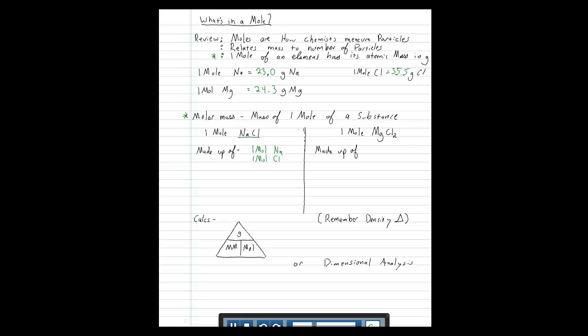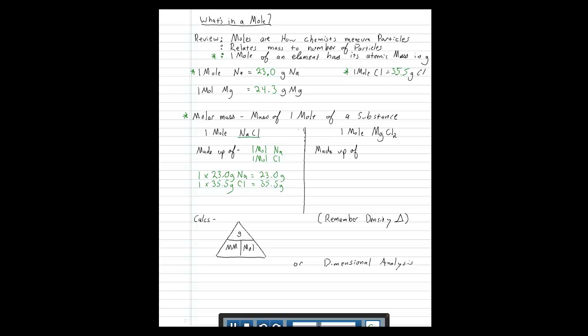We know 1 mole of sodium atoms is 23.0 grams, and 1 mole of chlorine atoms is 35.5 grams. We know that from the example we talked about in the introduction to this.